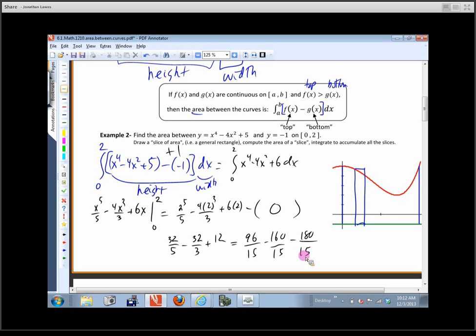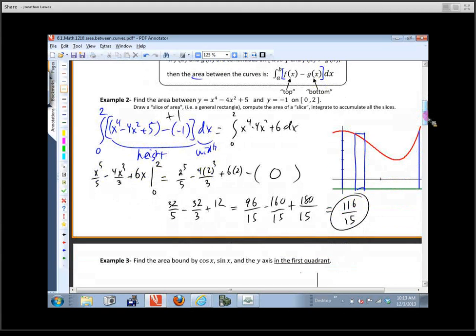That'd be plus 180. Oh yeah, plus 180, thanks. Just looking at that thinking that better turn out to be positive because we're finding an area. Let's see, so if I subtract here, that's going to give me positive 20 fifteenths. So I get 116 fifteenths. Okay. Any questions?